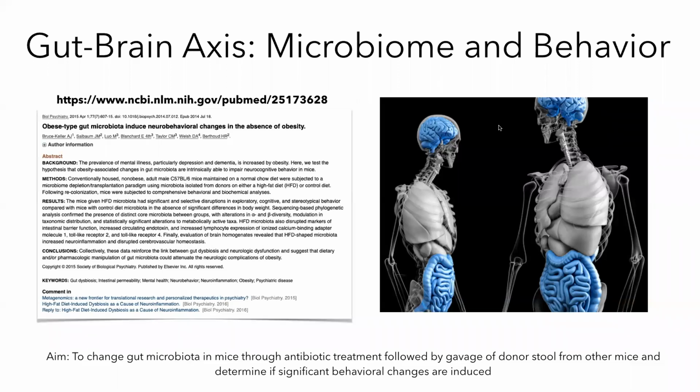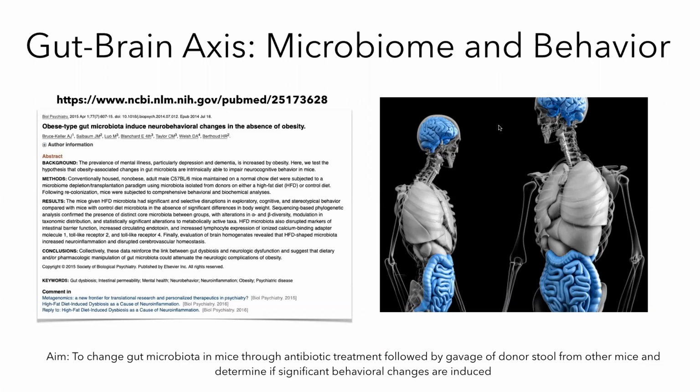And so the mice that were given the high-fat diet microbiota were observed to have significant disruptions in exploratory, cognitive, and stereotypical behavior compared with mice with a controlled diet microbiota, in the absence of significant differences in body weight, right? So we're not talking about changes to the weight, changes to the diet. We're just talking about implementing a different type of a microbiome.